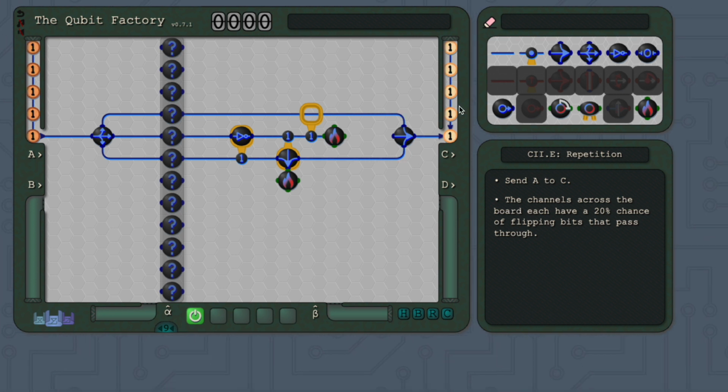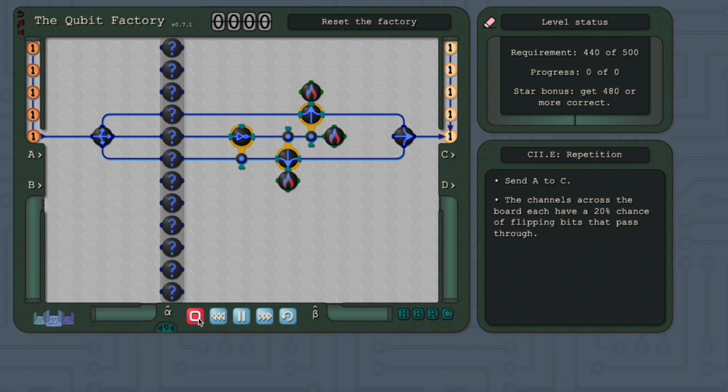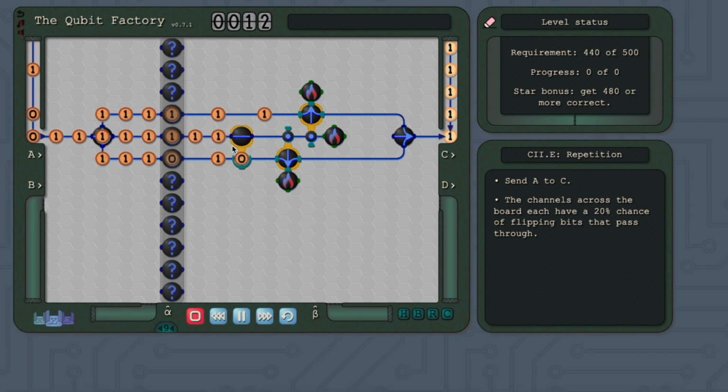Now we want to do the opposite thing for the top. If the 2 bottom bits are different, then the top bit goes to the exit. If the 2 bottom bits are the same, then the top rail goes to the incinerator. Let's see if this works. Bits come in, we compare the bottom 2 bits.